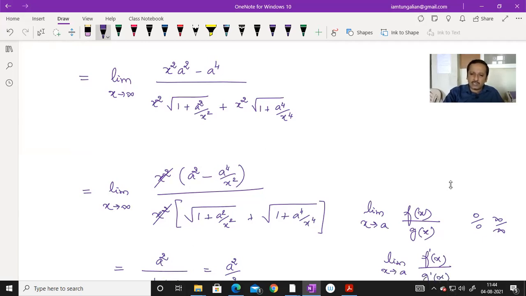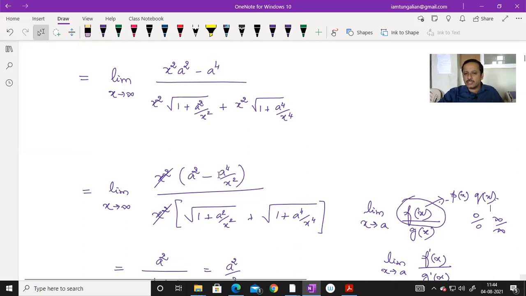But if your f of x itself is a product of two functions, then you'll have to use the product rule to differentiate this.